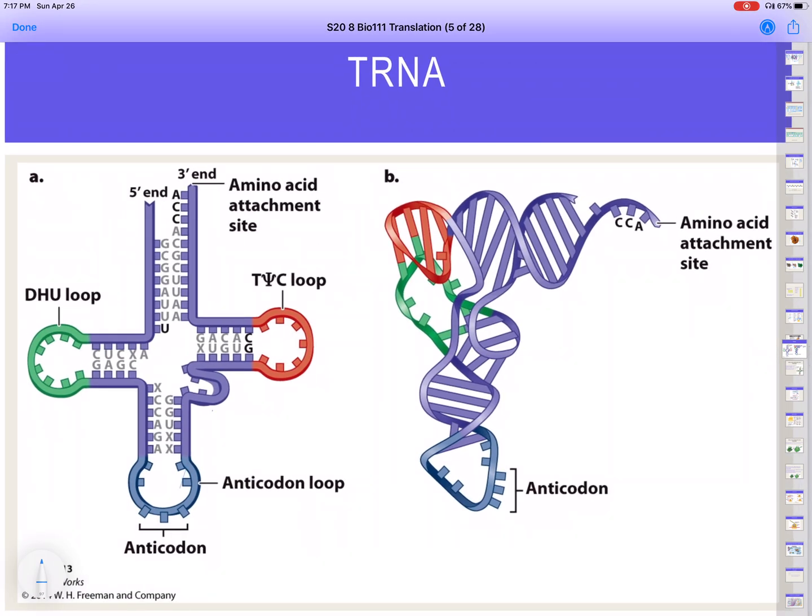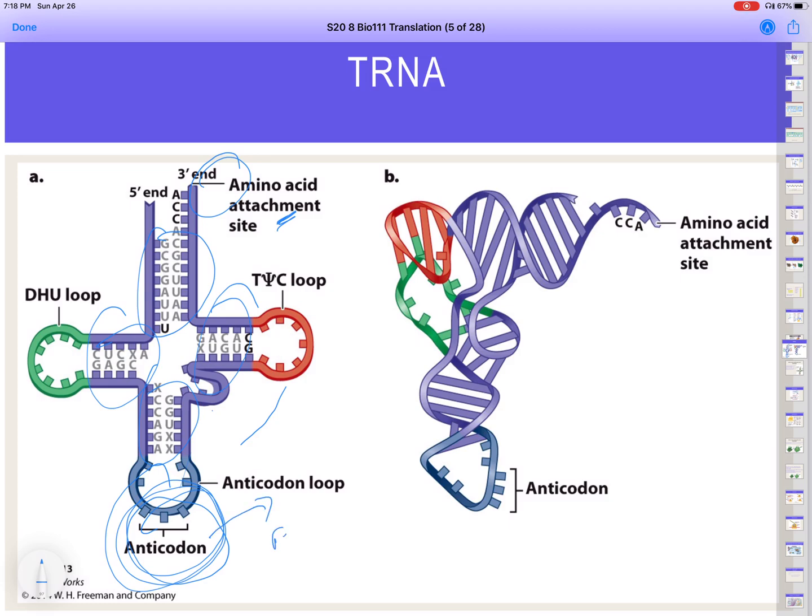It is an RNA. It's single-stranded, but there are regions of complementariness that allow for the three-dimensional shape to form. And so here, this is the end in which the amino acid attaches to, and then in the middle here is what's called the anticodon that recognizes the RNA.